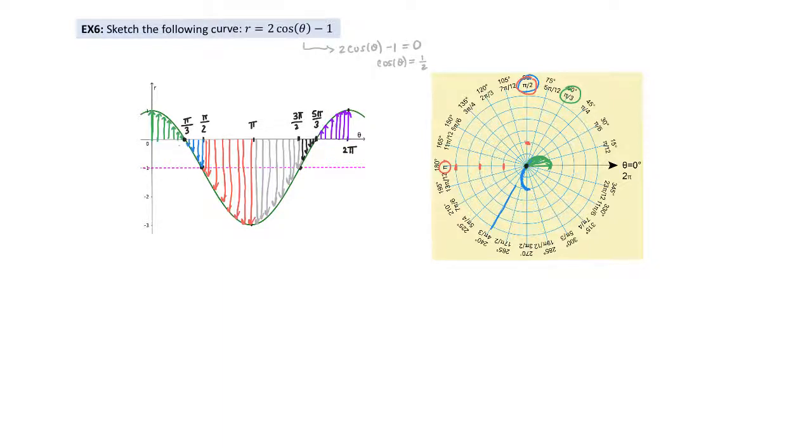All right, so that's going to be interesting. So let's go. We're going to be here. Then we're going to be gradually increasing, just getting larger, larger, larger, larger here, as I'm getting closer and closer to pi, and then finally here.